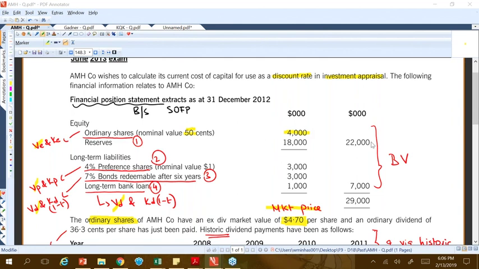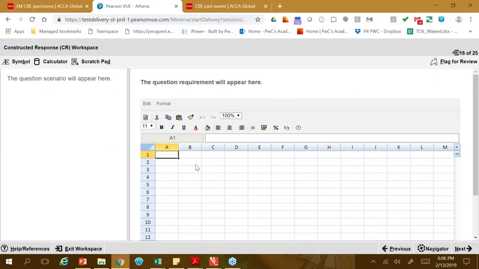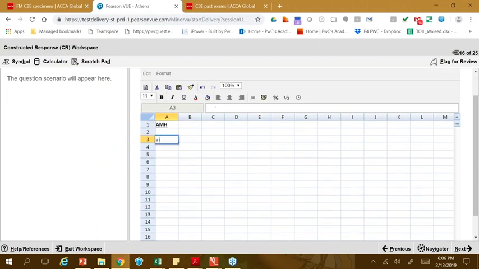So what we can now do is the calculation here, where we are going to look at the value. So AMH question, part A, looking at the WACC. So first of all, value of equity. So 4 million, par value is 0.5 and the market price here is 4.70.